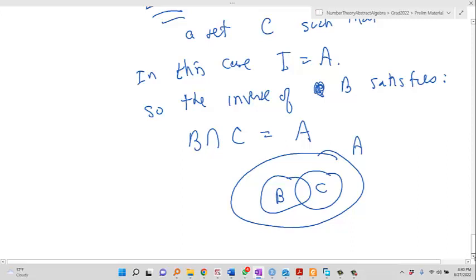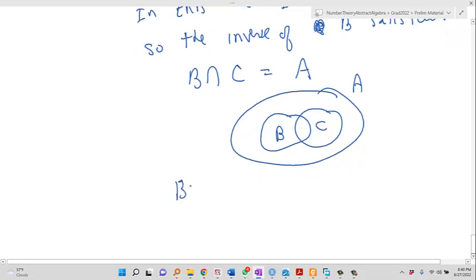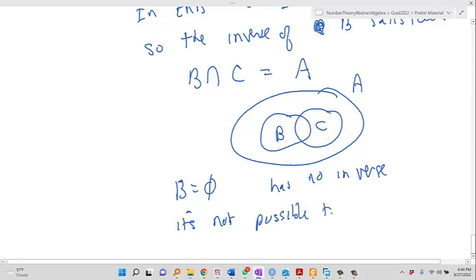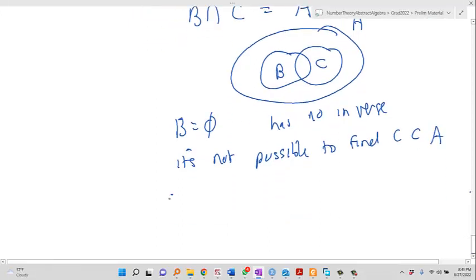It's not possible. For instance, if I take B equal to the empty set, it has no inverse. Because it's not possible to find C contained in A such that C intersect the empty set is equal to A. In fact, any set intersect the empty set is going to be the empty set.